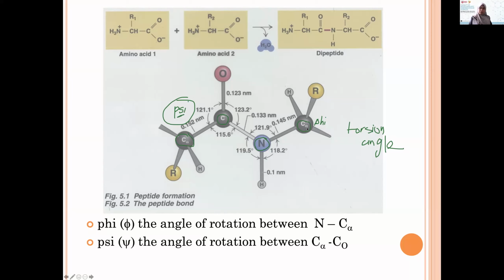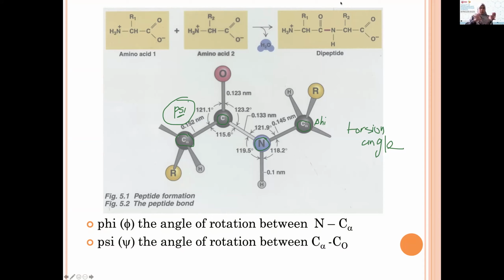The rotation or torsion angle between the chiral carbon and the nitrogen at the amino group is phi.